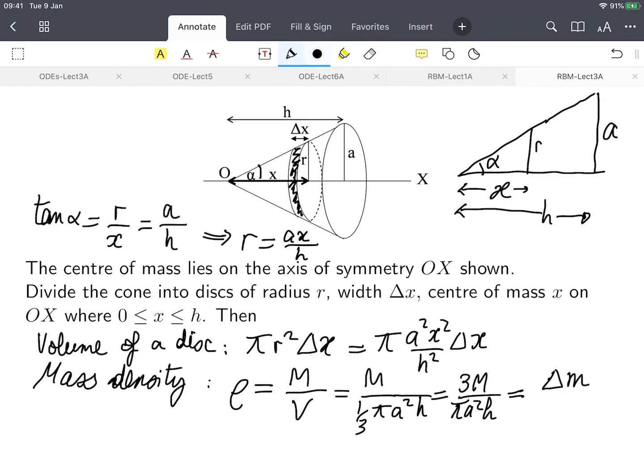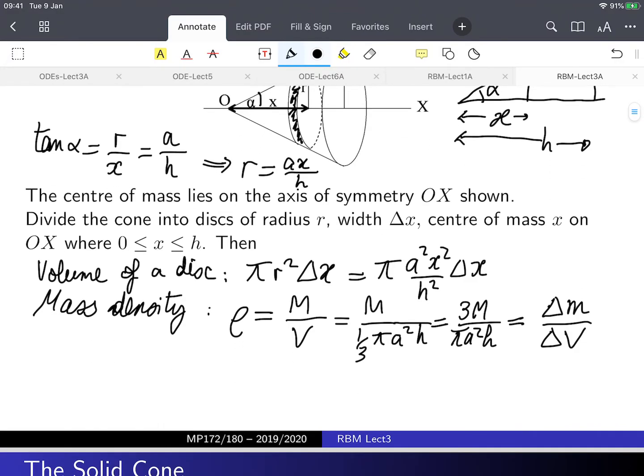So that's delta m over delta v. I have rho, I have delta v, so I can find the mass of a disk. It's going to be delta m equals rho delta v.